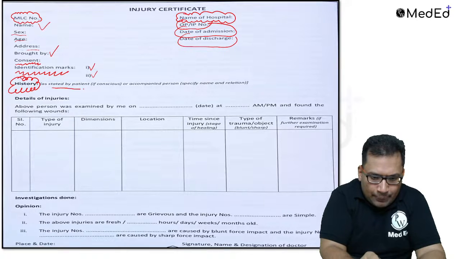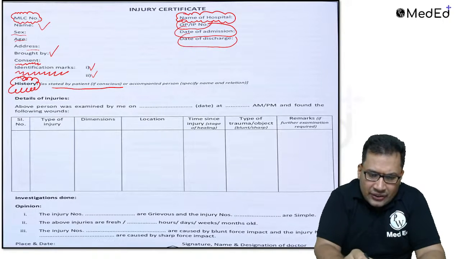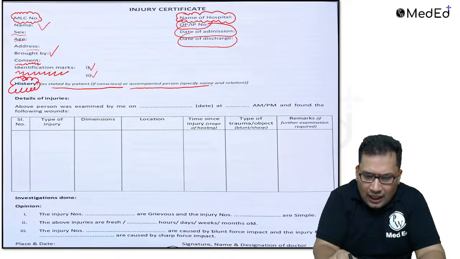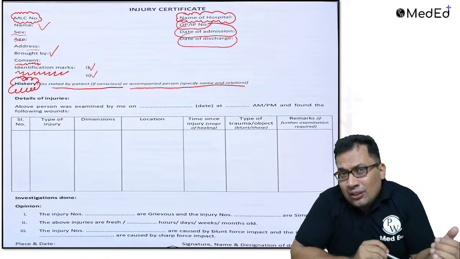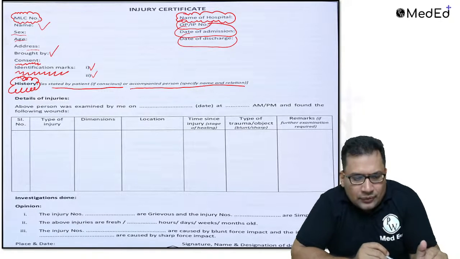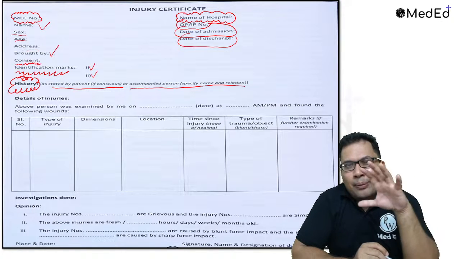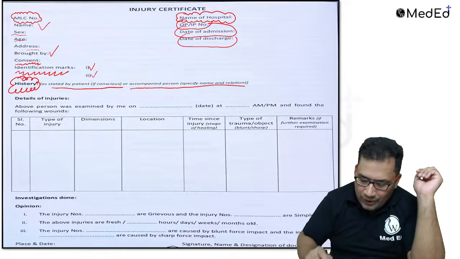Sometimes the history is given by the patient if he is conscious. If he is not conscious, then you can take the history from the accompanying person. You can write the name and relation of the person. So you need to write alleged history. So all this is about the preliminary details, the consent and the identification marks.